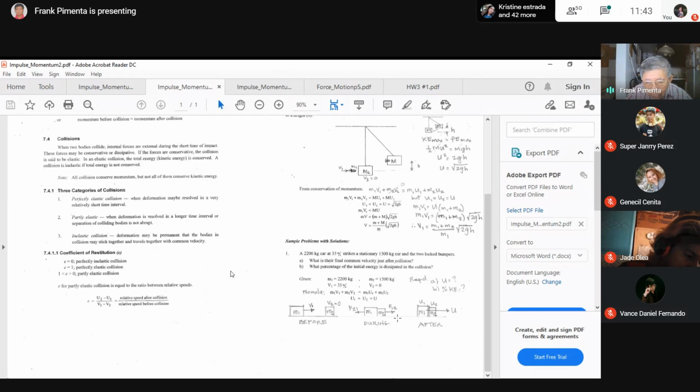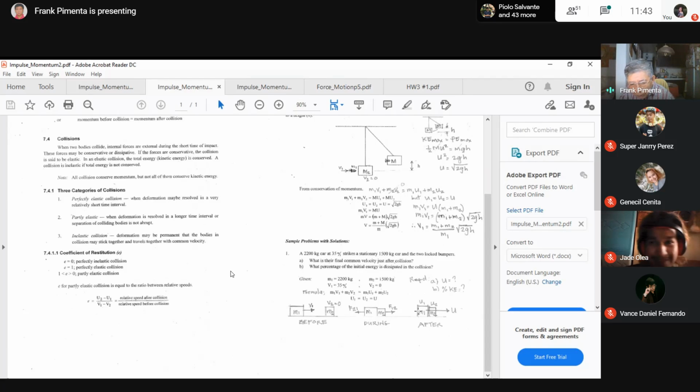So after the collision, since the two cars lock bumpers, because of the mass of 2,200 against 1,500 kilograms, the tendency here now is the bigger car will push.